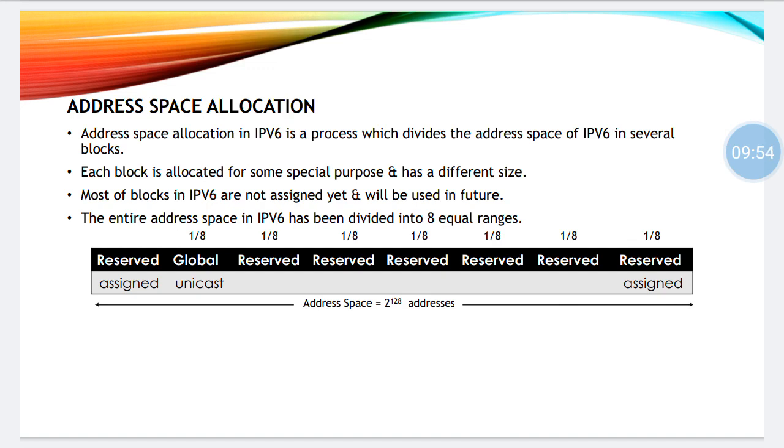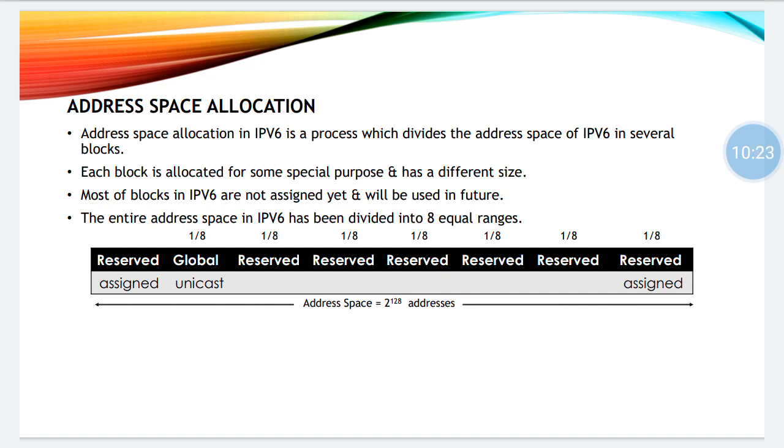Most of the blocks in IPv6 are not assigned yet and will be used in future. Let me tell you students, only 10% of IPv6 has been used till date. So obviously most of the blocks are not assigned yet. The address space in IPv6 has been divided into 8 equal ranges.